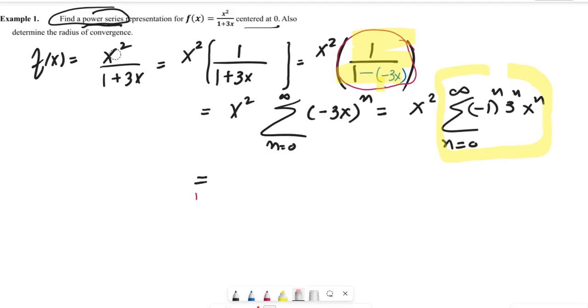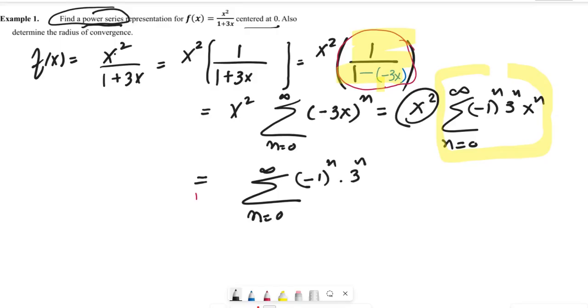Using the distributive property, this is sigma n from 0 to infinity, where each term is multiplied by x squared. So we have negative 1 to the power n times 3 to the power n times x to the power n times x squared.